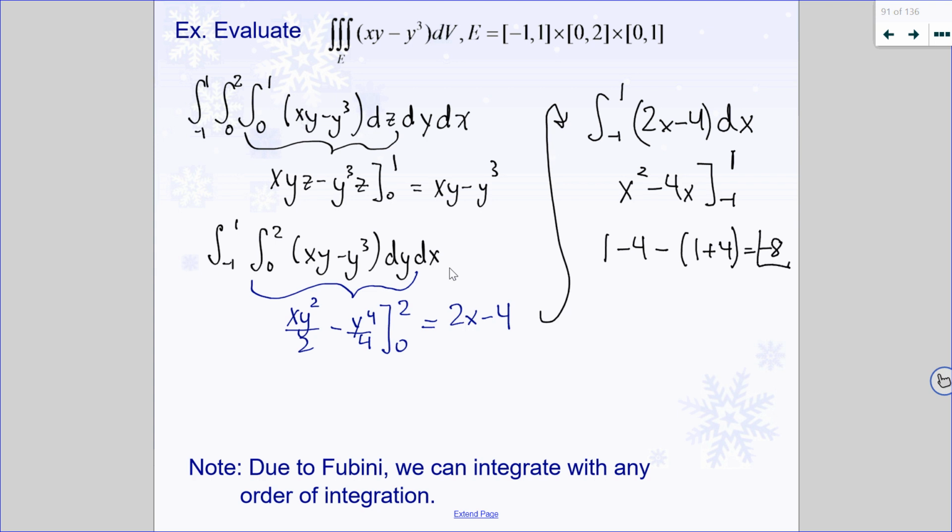It looks like the integral is going to be -8. Now, it's tough to recognize what this means because you're integrating over a volume, which means dimension-wise, you're one up from a volume, which doesn't make any sense geometrically anymore.